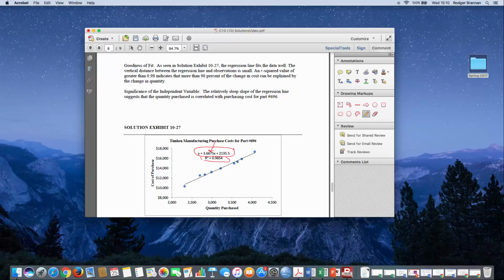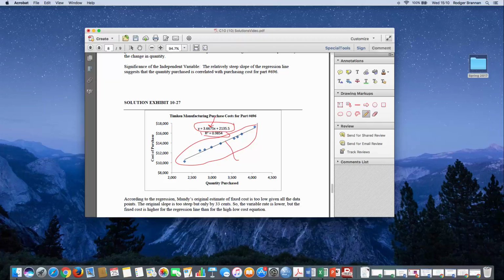I would have a great deal of confidence in using this line, using this formula to predict the cost. And then visually you can see, for example, that the costs all seem to line up almost right on the line. All the data points are on the line. What is more, regression is sometimes called the line of best fit. It is the line where the computer, using calculus, will minimize the squared distances between the data points and this assumed line.